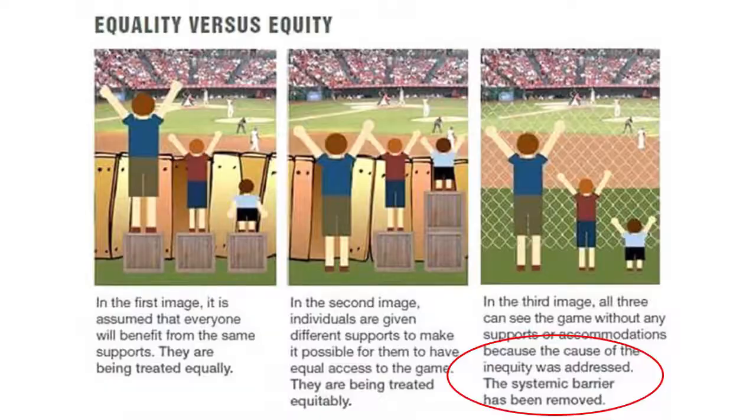What I want to introduce that you may not have seen is this third panel to the image, where there's a chain link fence. And what this says is that in the third image, all 3 can see the game without any supports or accommodations because the cause of the inequity was addressed. The systemic barrier has been removed, right?